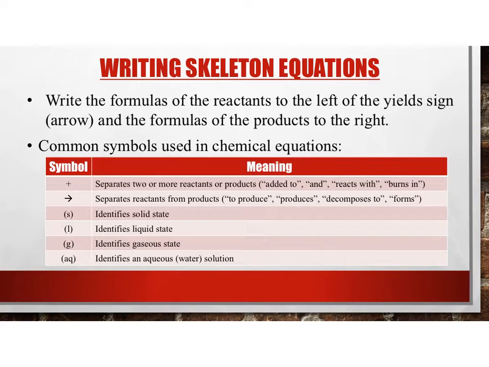And you're only going to place them if the word equation tells you specifically that it's a solid substance or a gaseous substance. So if it mentions that in the word equation, then you will use those symbols when writing out the skeleton equation.